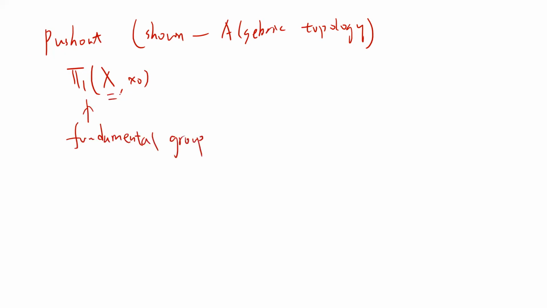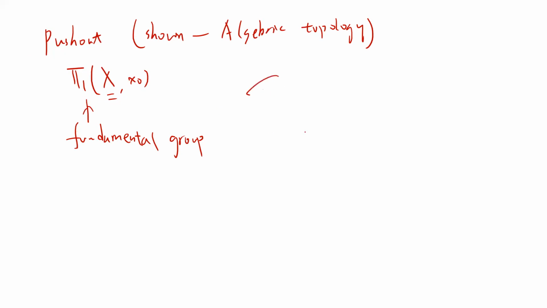Given a topological space X, you can consider all the paths that start from X0 and finish at X0, and use homotopy as an equivalence relation, then you can construct a group called the fundamental group. But in a category sense, the fundamental group is just a functor.